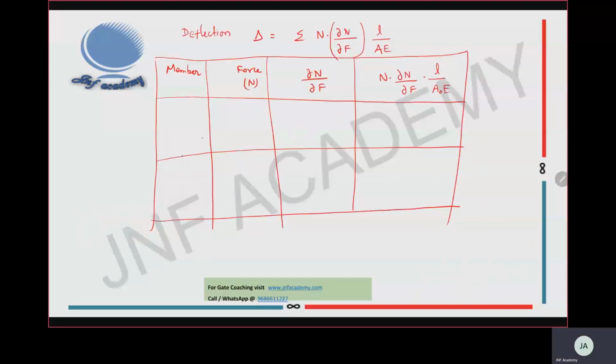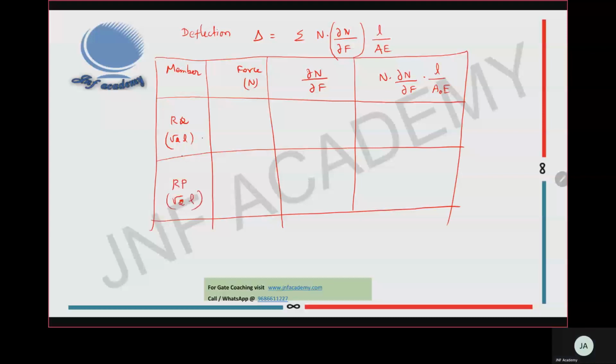First member is RQ member whose length is root 2 L. Then the second member is RP member. This member is also having the length root 2 L.